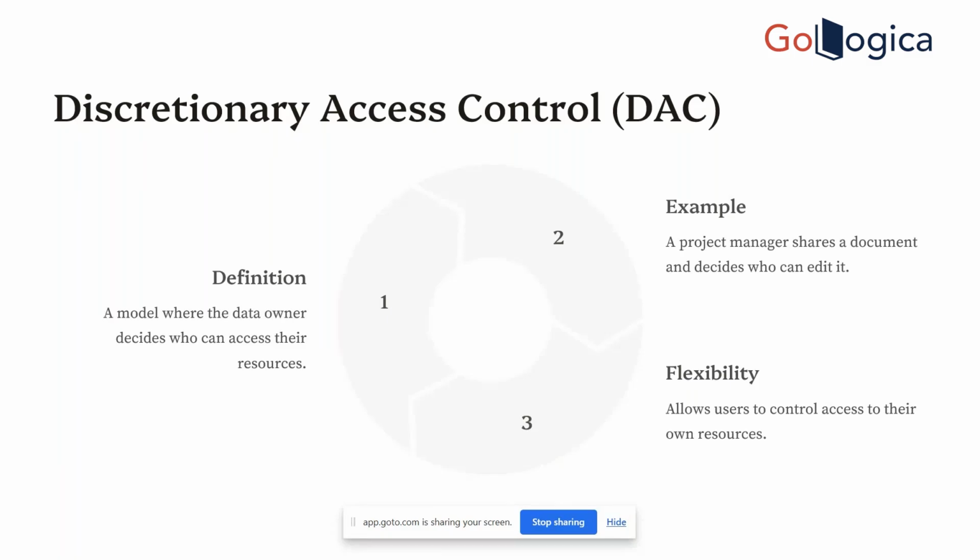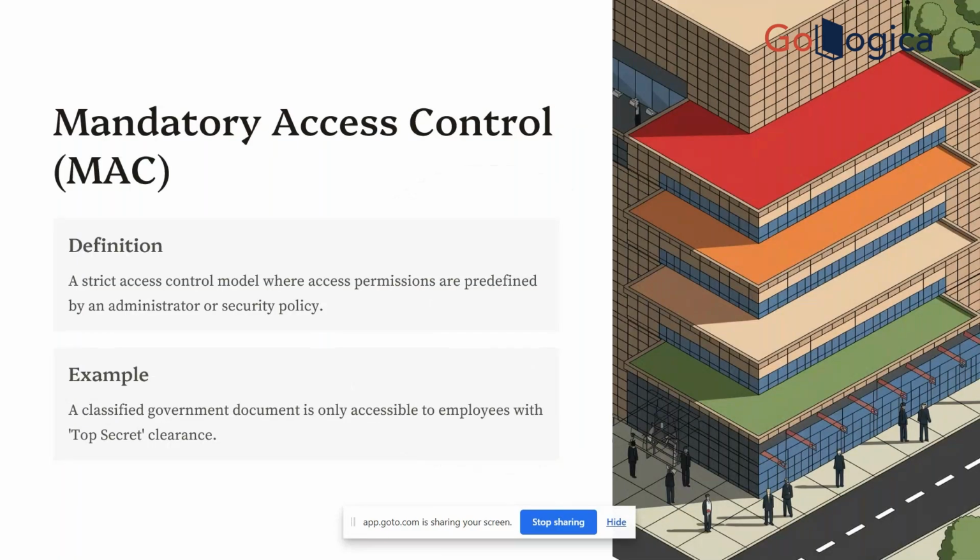Now in MAC, mandatory access control, it is a strict access control model where access permissions are predefined by the administrator or security policy. Got my point? A strict access control model where access permissions are predefined by the administrator only.